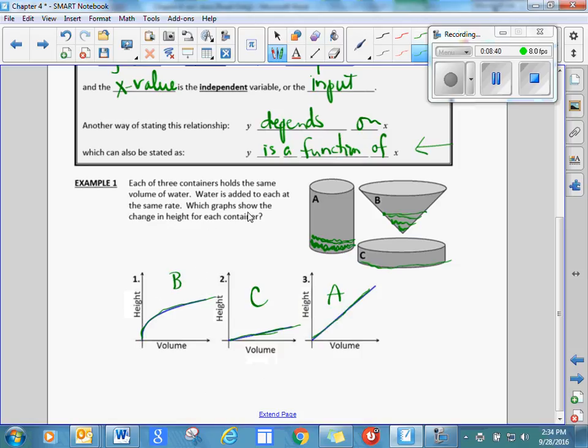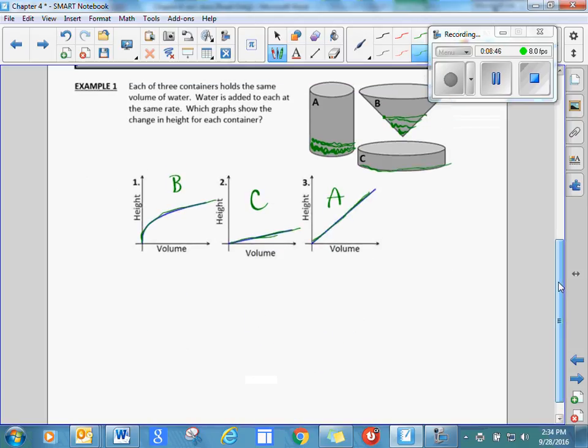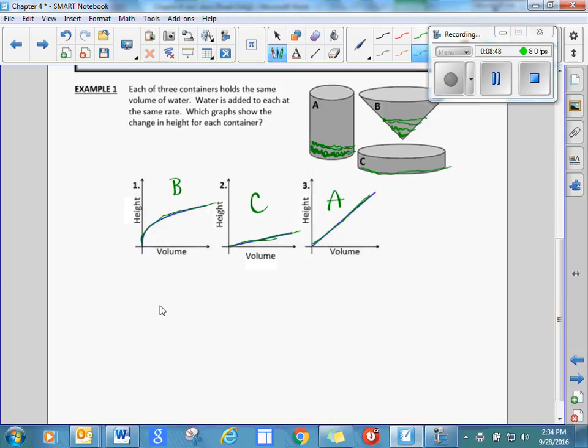So it asks us, okay, we already did that. Which graphs show the height? And I want to talk about what the relationship is, how we could state that in English words, what we're seeing in these graphs, and what I colored in the drawings.